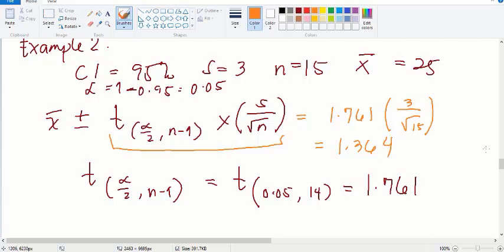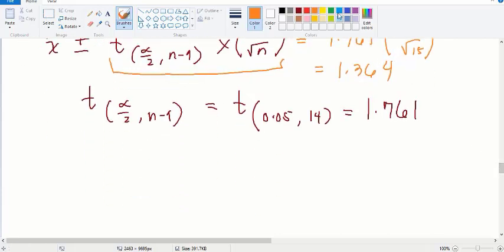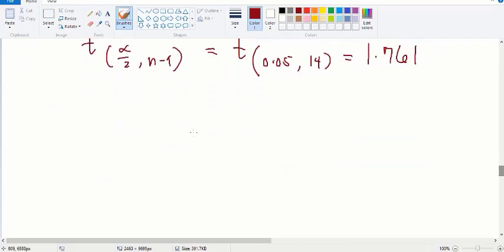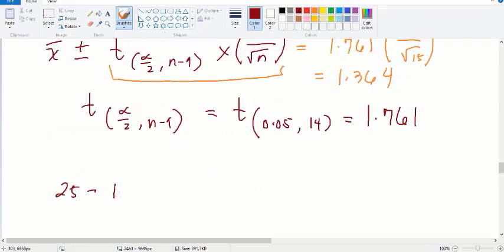1.364. To get the upper and lower limit, we already have the EBM. The mean here is 25. So 25 minus 1.364, and mu is in between, 25 plus 1.364.